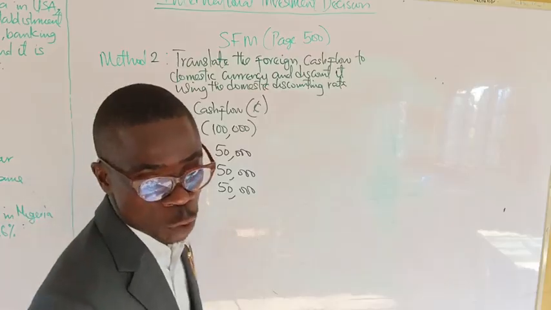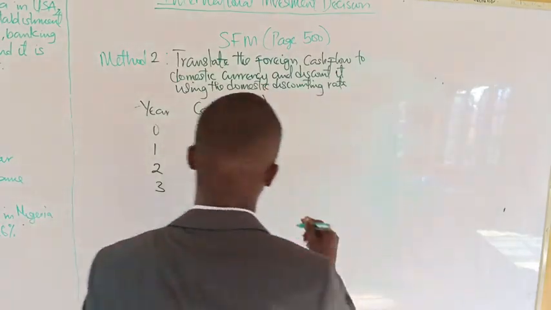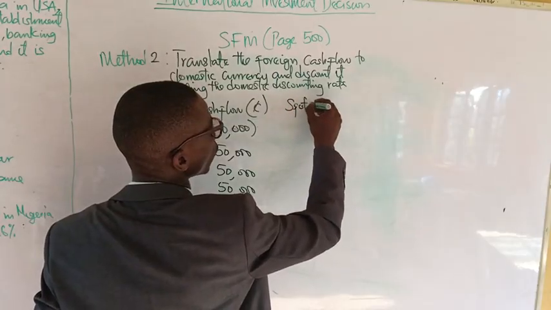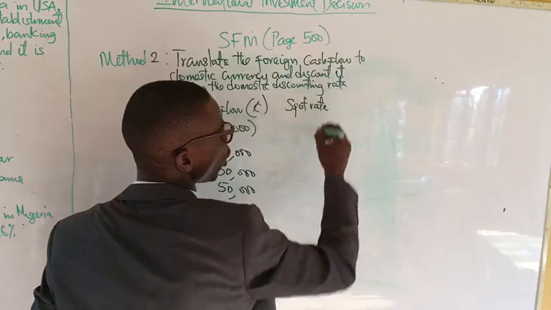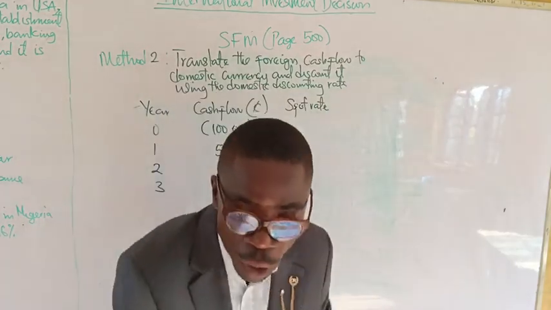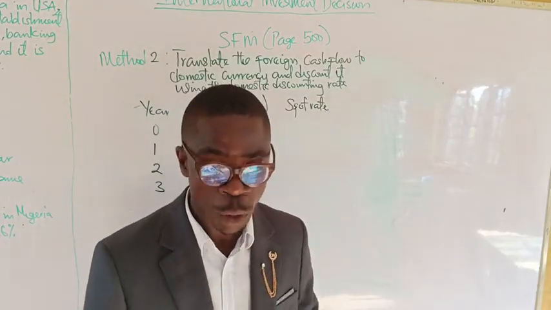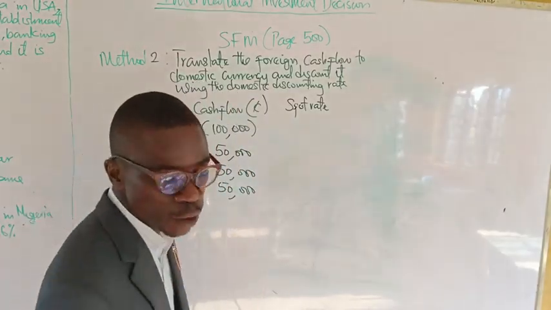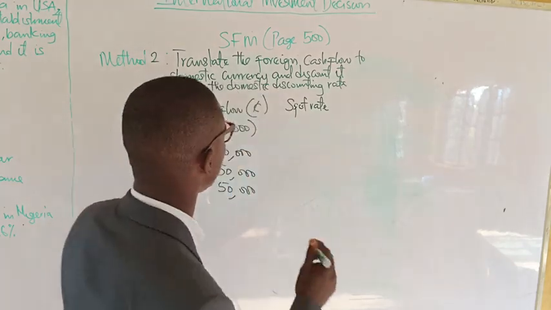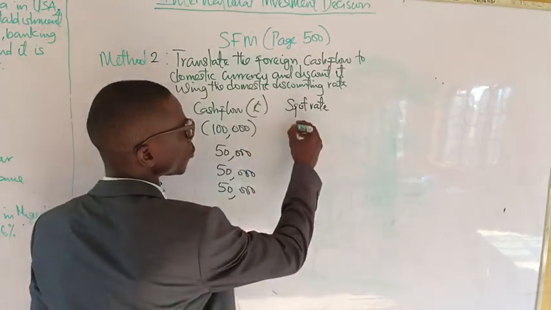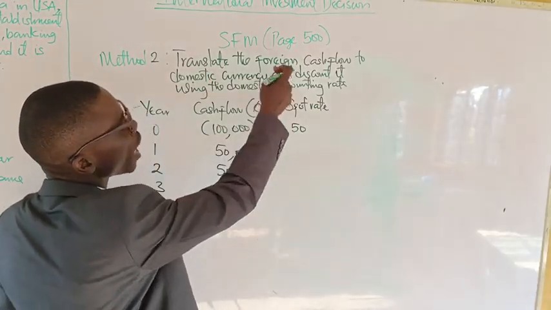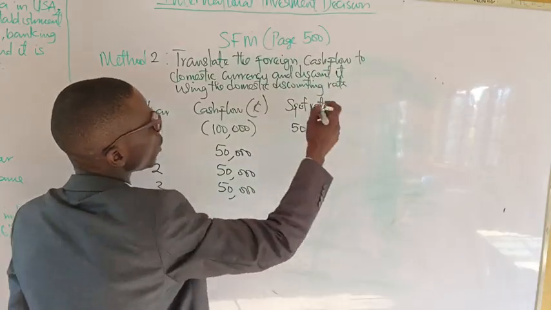So let's calculate the spot rate now. Am I communicating? What will be the spot rate in year zero? Year zero is now. Are we together? And what is the spot rate? They said the spot rate is 50 naira is equivalent to 1 cedis. Don't forget that I said we should translate the cash flow to domestic cash flow.